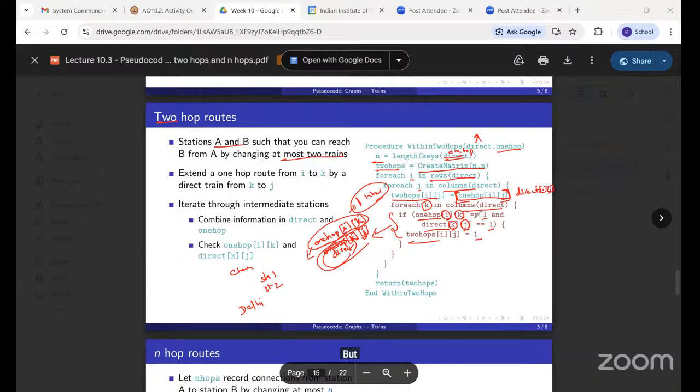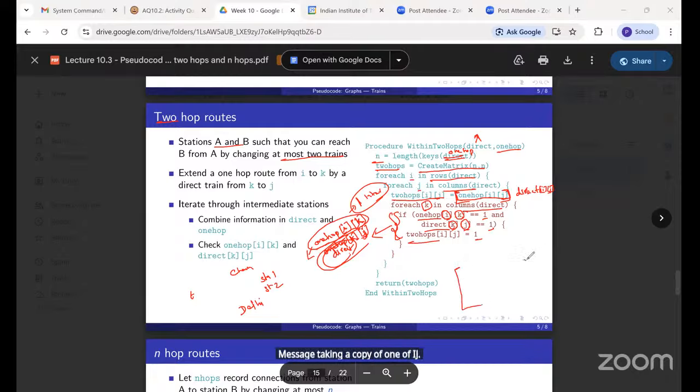But the problem with direct of ij is, if this condition is false, two hop of ij will be 0. Basically it's taking a copy of one hop of ij.